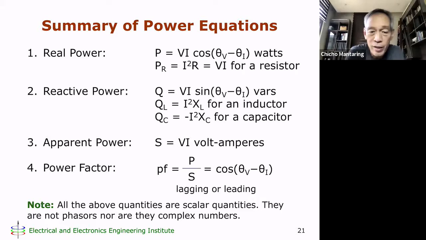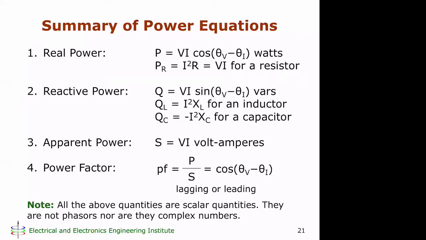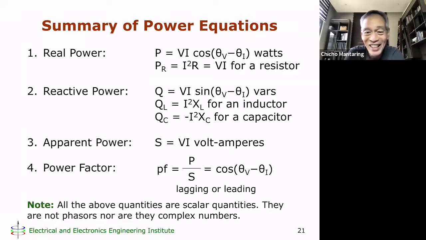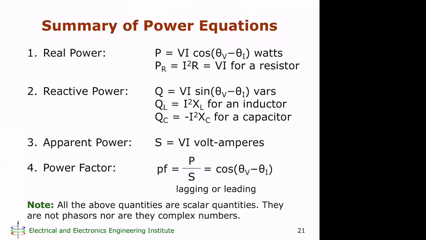Let me ask you a question. If I have a resistive circuit, what is my power factor? 1. Does anybody contest that? Why 1? They are in phase, so theta V minus theta I is 0.